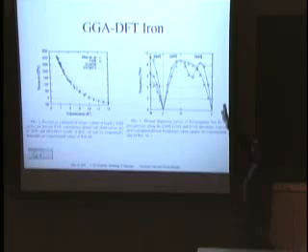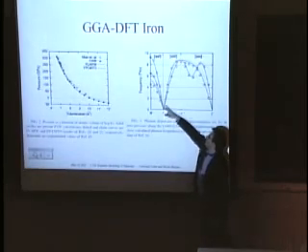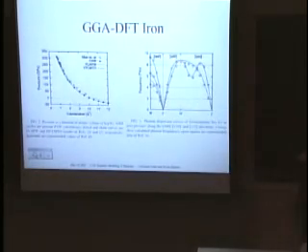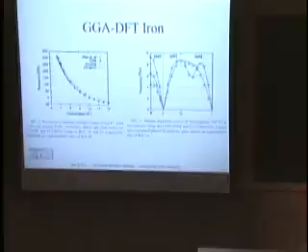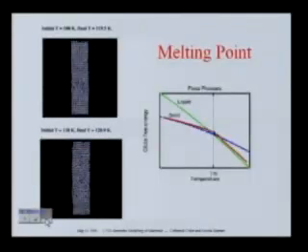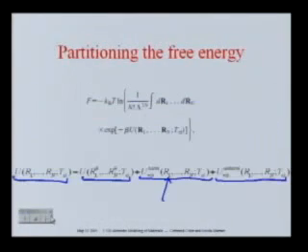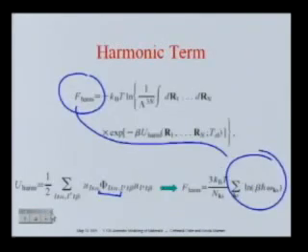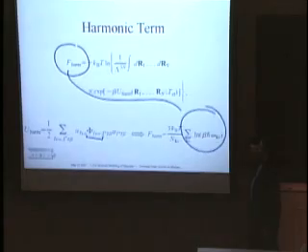In principle we have a continuum of frequencies, and we just need to integrate these curves, or sum over a coarse representation of them, to get the vibrational free energy, at least the harmonic term. And this is it, this is the first step. This can give me, say, the change in the vibrational free energy in going from one phase to the other, where I just calculate the phonon frequencies in two different phases.